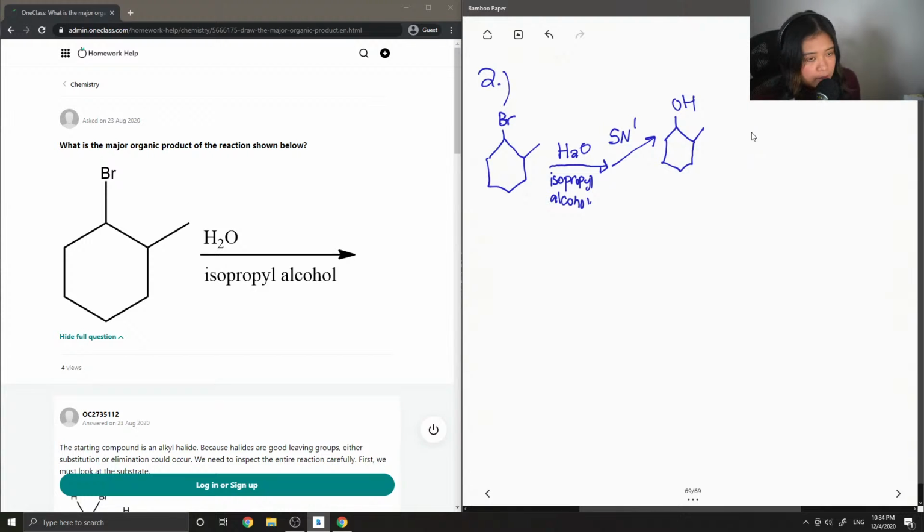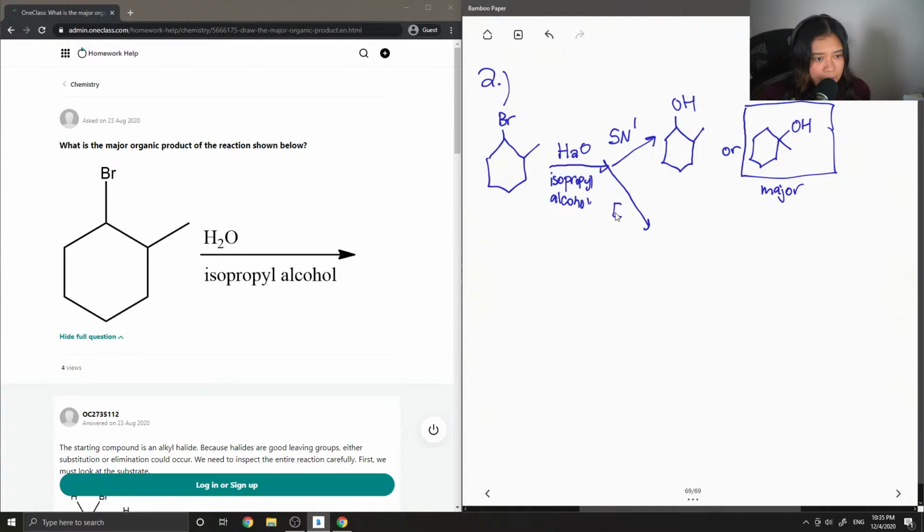So this is through a substitution reaction. And through hydride shifts, another product that could be formed is if the alcohol was with the tertiary carbon instead, since this is more stable. So I believe this will be our major product. And I'll write down the mechanism for both of these below.